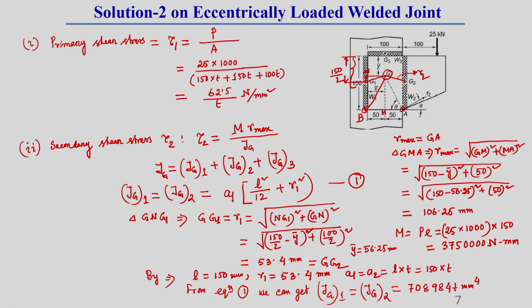JG3 we can easily find out. The distance between G and G3 is our y bar, because you can see this distance is lying in the same line.